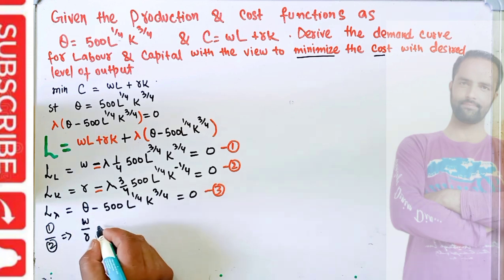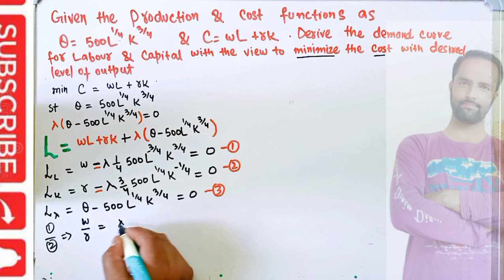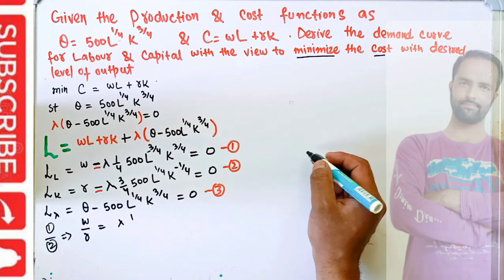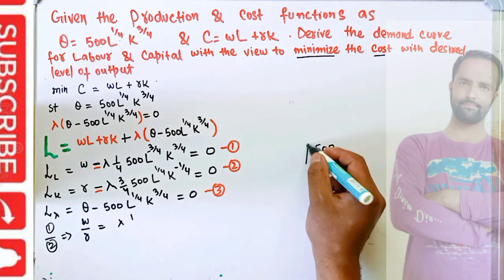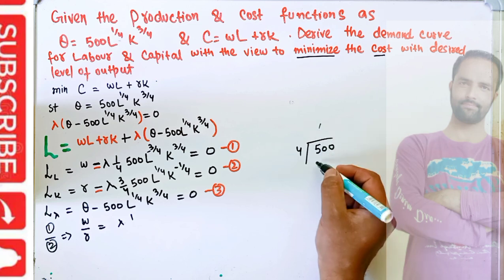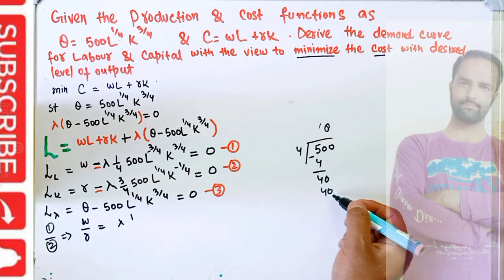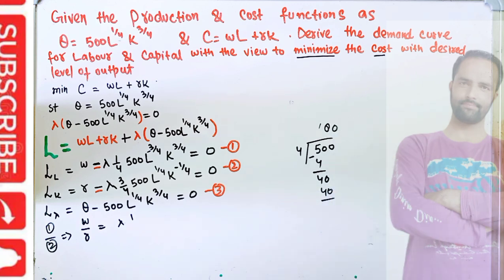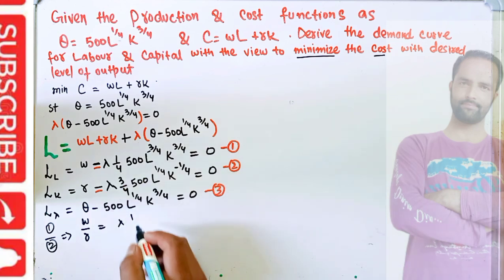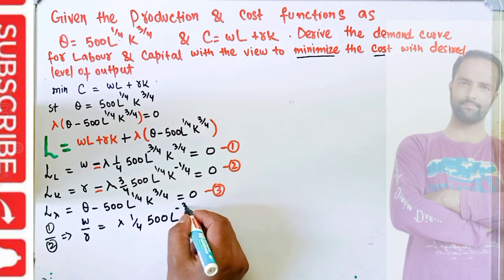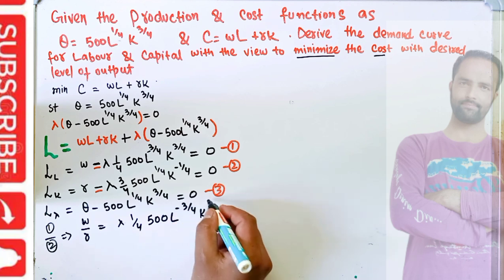Is equal to, we have here lambda 1 upon 4 into 500 L to the power minus 3 upon 4 K to the power 3 upon 4.